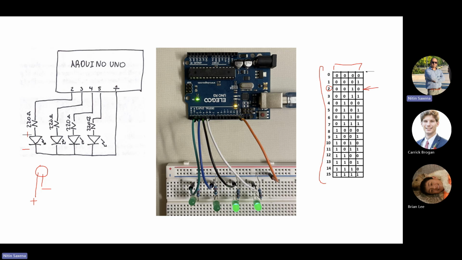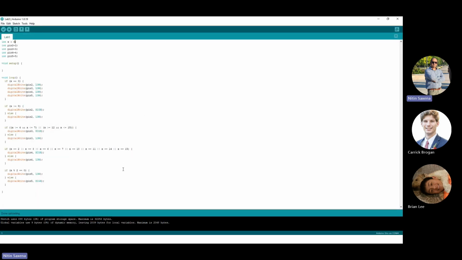Let's see the sketch first, and then we'll go to the Arduino circuit. This is our input, x. I want to make a pattern for my input 6, and I can change this from 0 to 15. I'm giving the variable names pin 2, pin 3, pin 4, and pin 5.